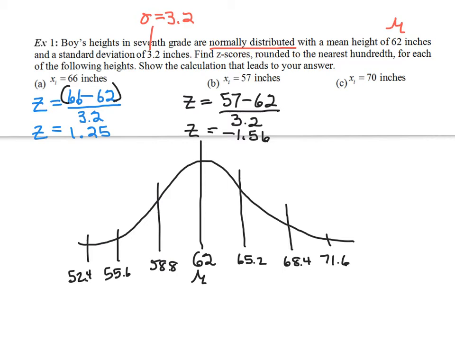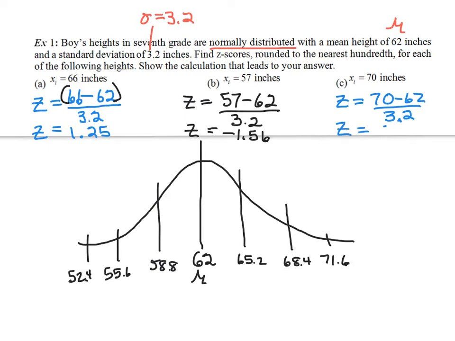So let's go ahead and figure out the last example here. To find the z-score for 70 inches, we're going to say 70 minus 62 divided by 3.2. And again, if you think about that, it just means I want to know the distance the score is away from the mean, and then divide by the standard deviation to find out how many standard deviations it is above the mean.